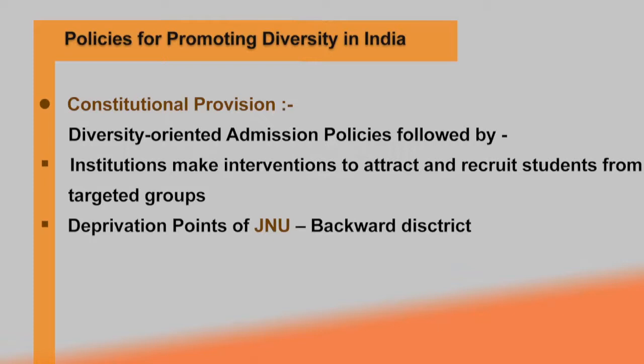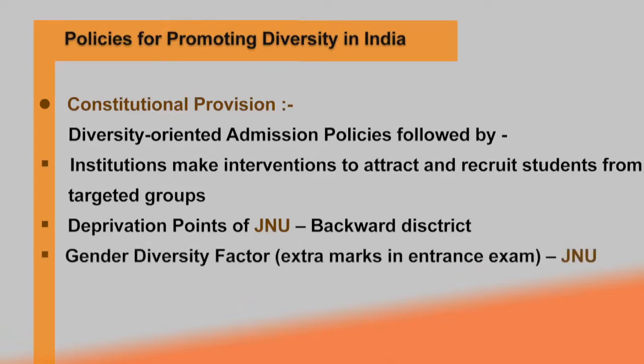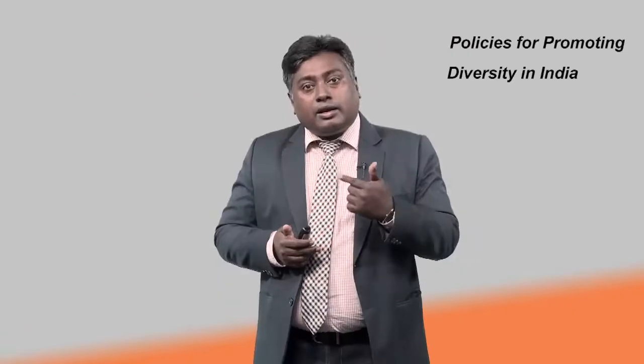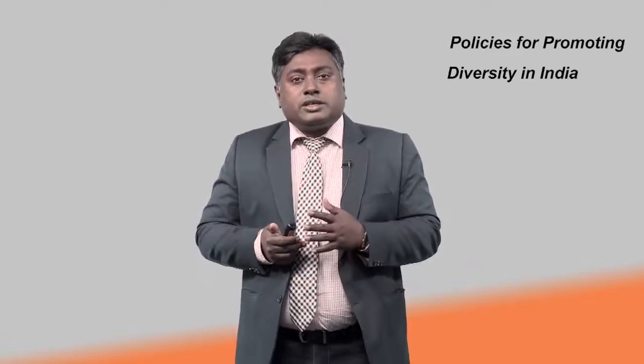Students coming from underdeveloped districts of the country are given extra marks in the entrance examination of JNU. Therefore, students from underdeveloped districts get more chances to access higher education. It was a very good success story. That is why JNU reflects the diversity of the country.